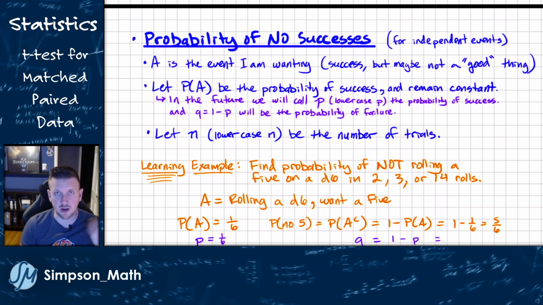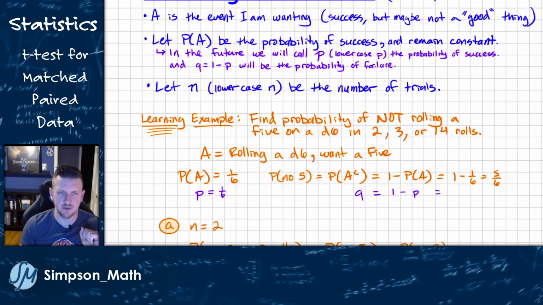Notice that lines up with our complement idea: if P(A) is the probability of success, 1 minus P(A) will be the probability of failure. That's our complement. So this is the same thing, just treating it as a variable, a little less to write, a little less complicated. Personally, if I was doing this, I would probably just be using the p's and q's. But this section keeps it with the probability notation.